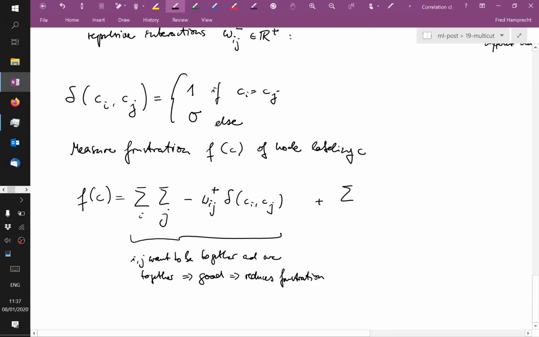Then on the other hand, we may have pairs that have an attractive interaction, but they are in different clusters.